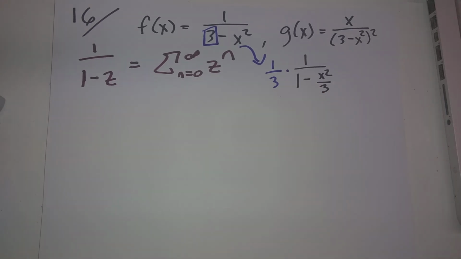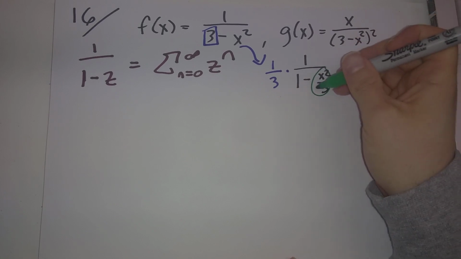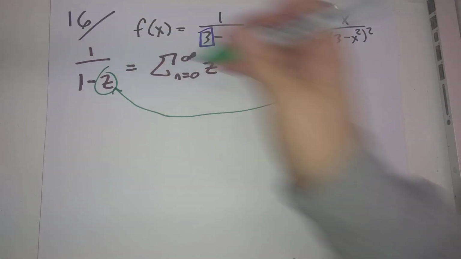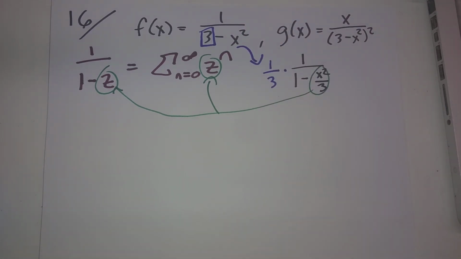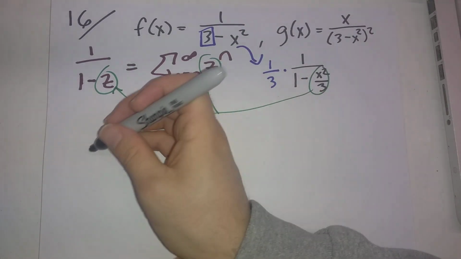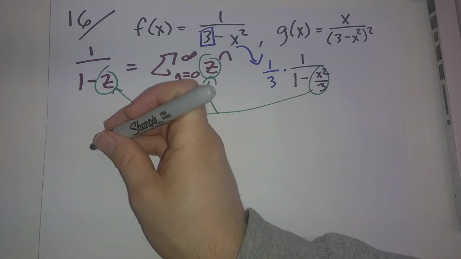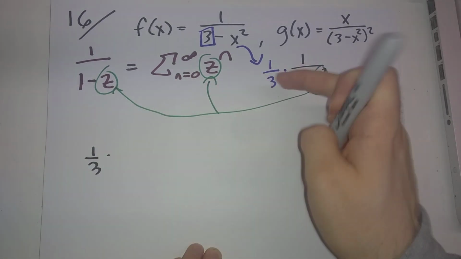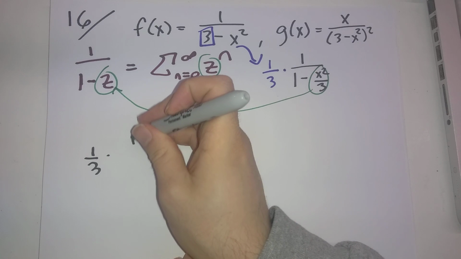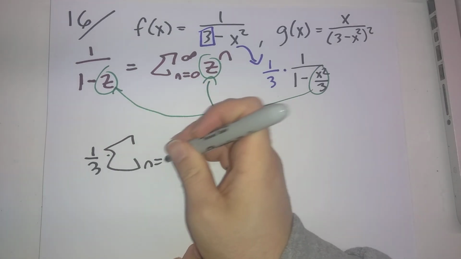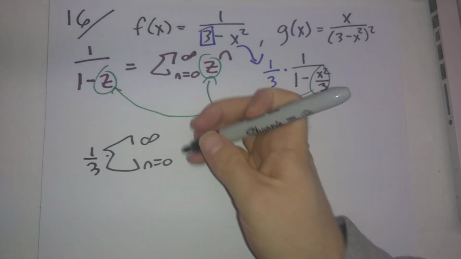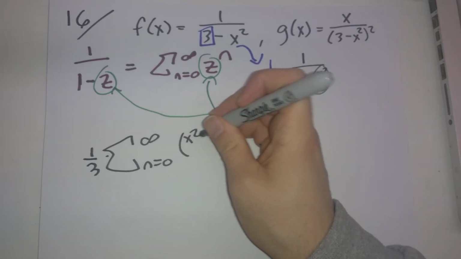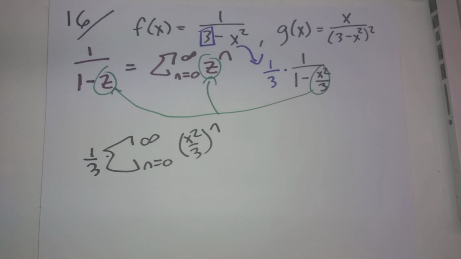So we're going to substitute in x squared over 3, and it's going to replace z here, and it's going to replace z here. All of this put together is going to give us our Taylor series as 1/3, chilling out in front, times the sum from n from 0 to infinity of, we replace z with x squared over 3, to the n.